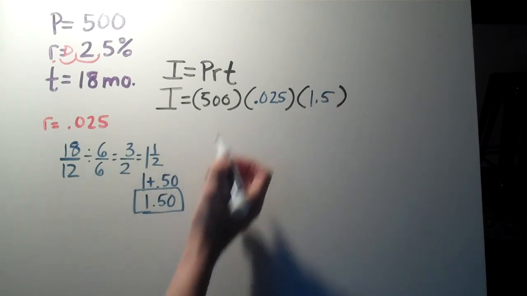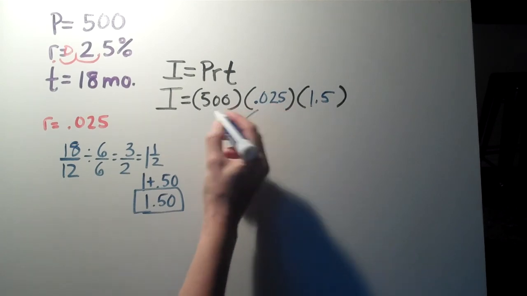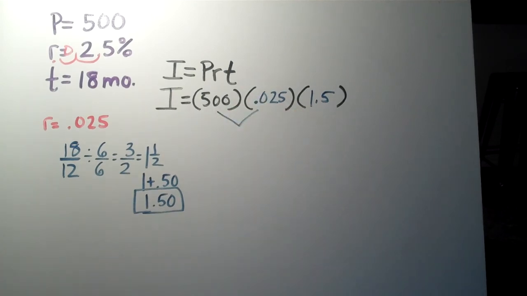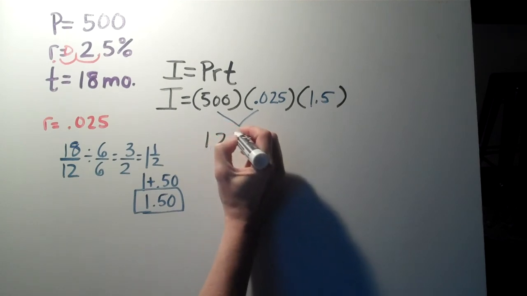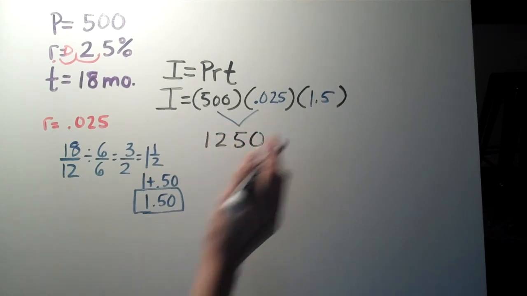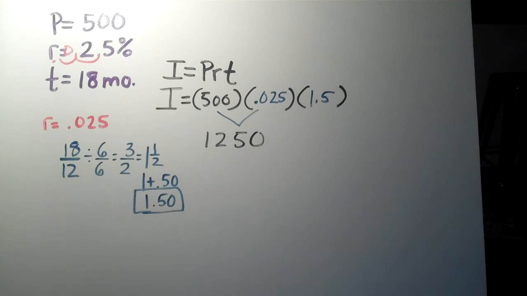So okay, now we're up to the multiplying part. So it's 500 times 0.025. When I multiply that out, I get 1250.